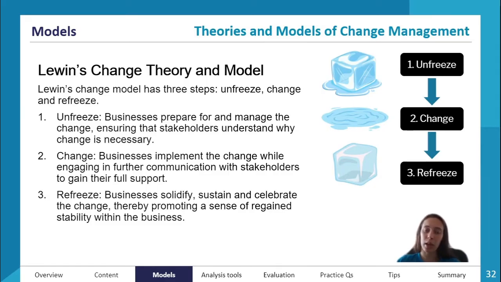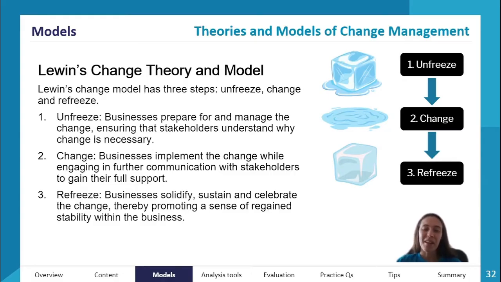So if we look at that in more detail, unfreeze is about preparing for and managing the change. And that's going to ensure that stakeholders understand why the change is necessary. If we think again back to what we've just gone through, this is going to involve overcoming some resistance to change potentially as well, because some stakeholders won't be on board with it.